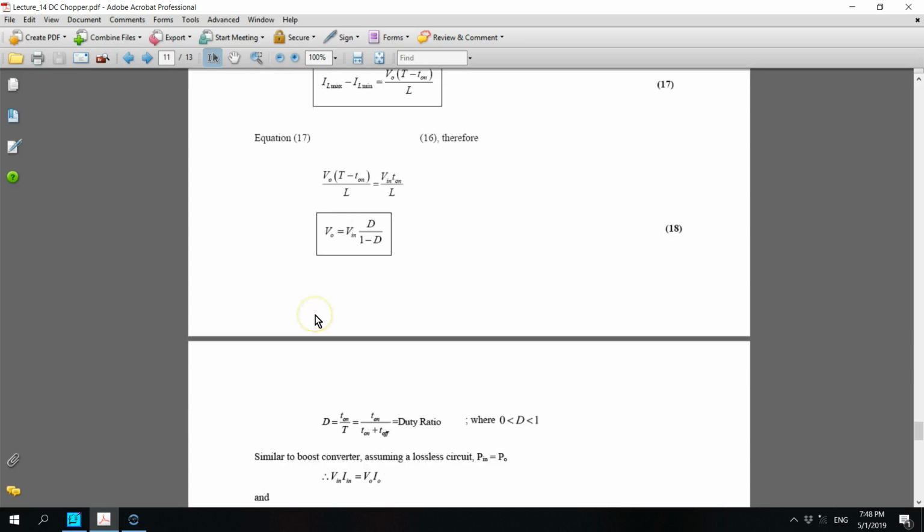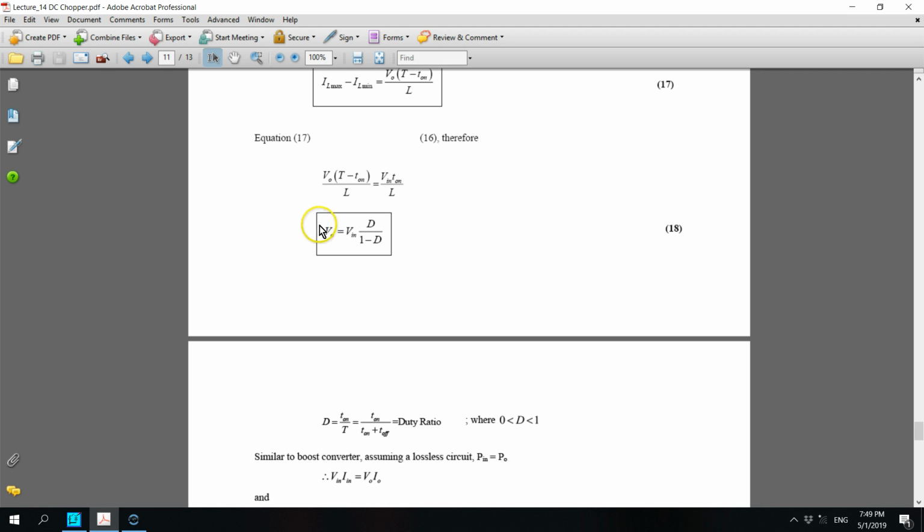So if you look carefully, of course the value of D is from 0 to 1. However, if you have D from 0 to 0.5, the output voltage will be lower than the Vin, and if you have D between 0.5 and 1, you will see that the output voltage will be higher than the Vin.